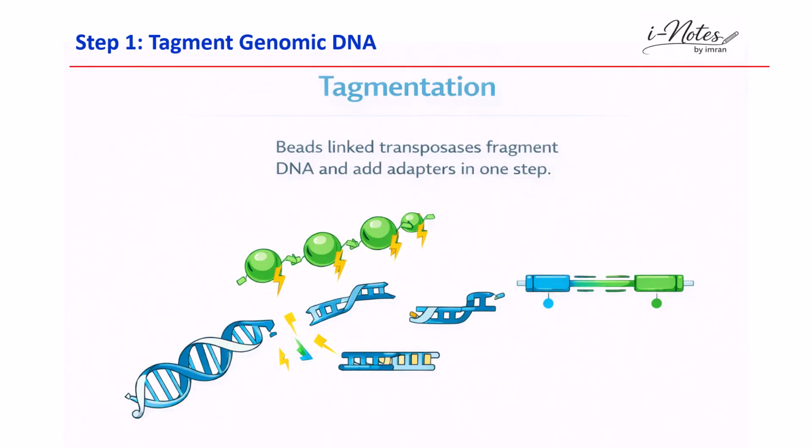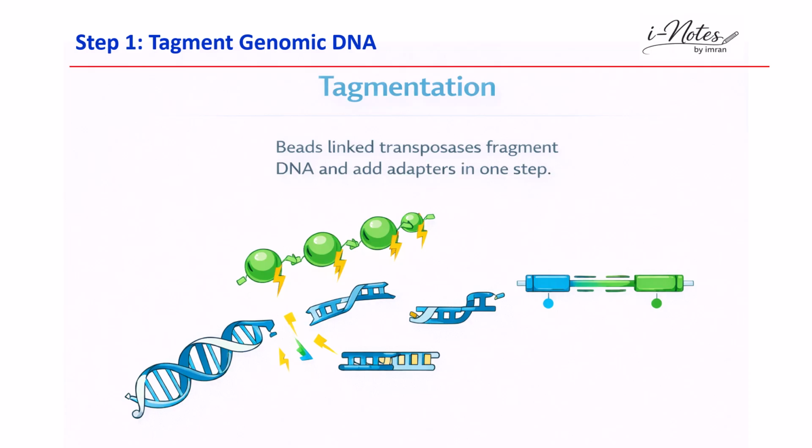So coming to the first step of the library preparation. Once you have your genomic DNA, for example, if you are preparing the NGS library for a DNA sample isolated from human samples, human WGS, the first step is the isolation of genomic DNA and then assessing the quality as well as quantity of the genomic DNA.